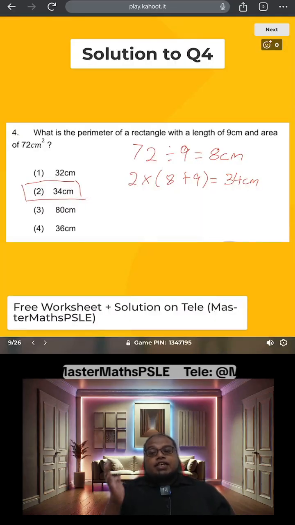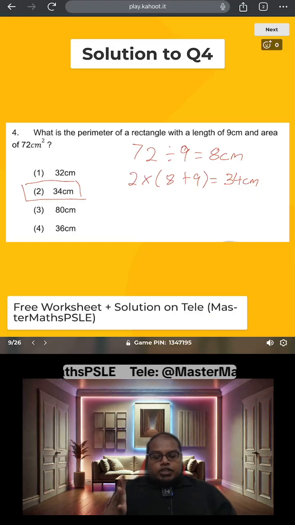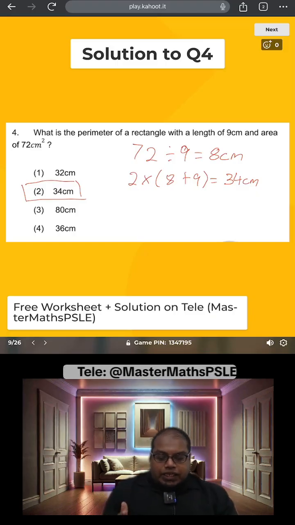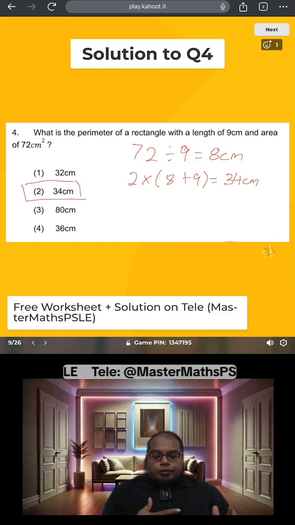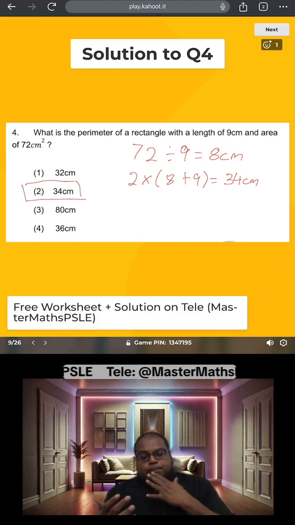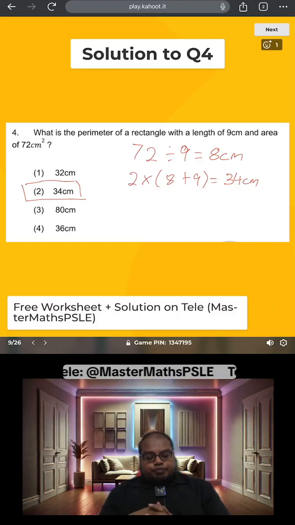Alright, now let's see the solution. The solution is, firstly, because we are given the area, right? Area is length times breadth. Same thing for this question. What's missing is the breadth. So what I can do is, I can do 72 divided by 9, I get 8 cm.